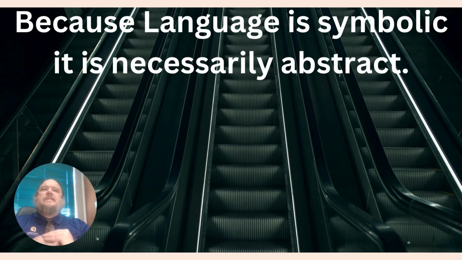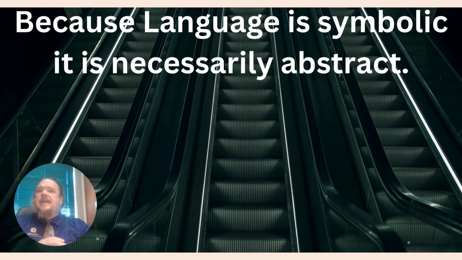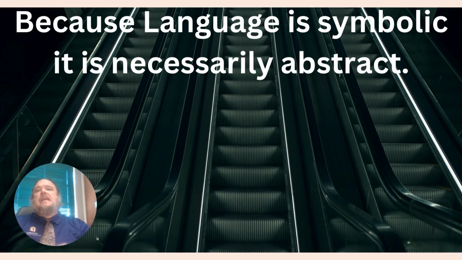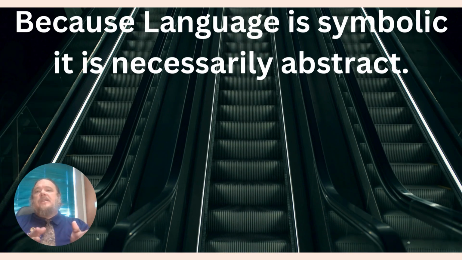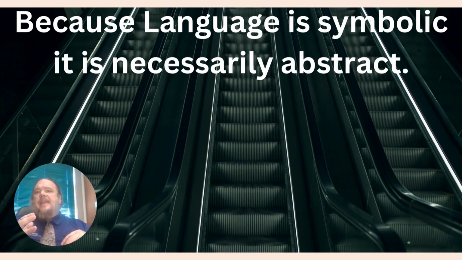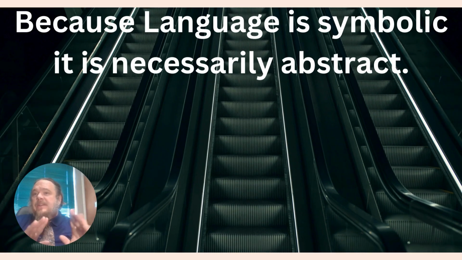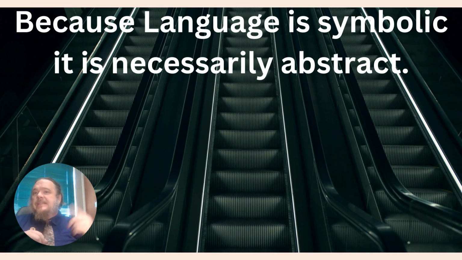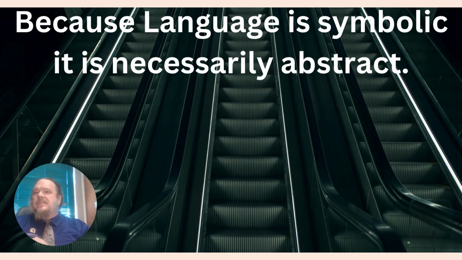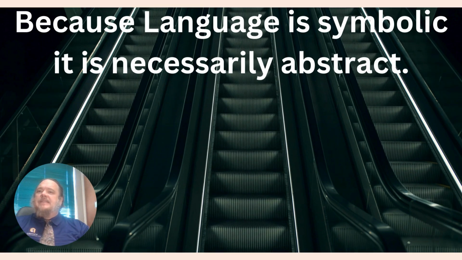Now, we can use symbols that are less abstract. Like I said, we talked about drawing a picture. You can draw a picture and it's a little less abstract, right? We can look at this escalator here on the side and you can see that it's an escalator, even though it's not really an escalator, right? This is pixels on your screen shining different colored lights at you.